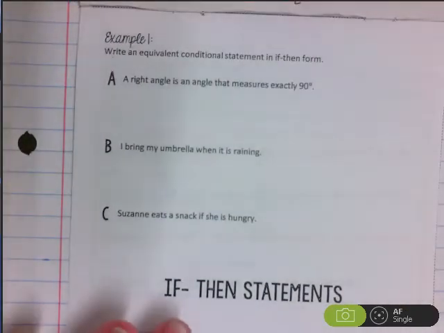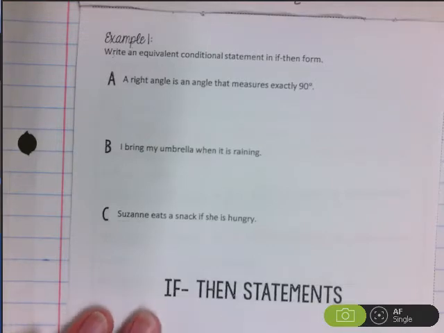The first one says we're going to write the equivalent conditional statement in if-then form. It says a right angle is an angle that measures exactly 90 degrees. Okay, so we're going to change that to an if-then statement.